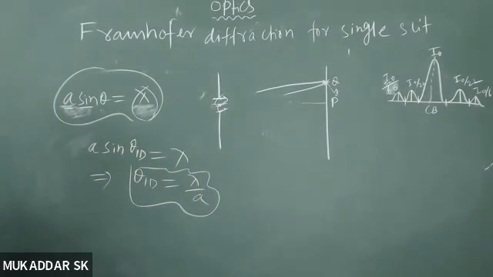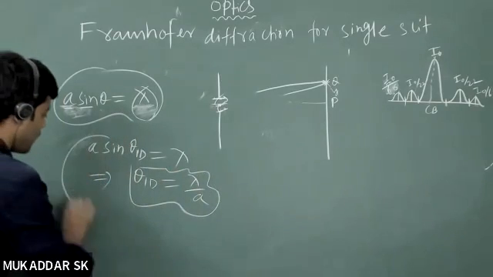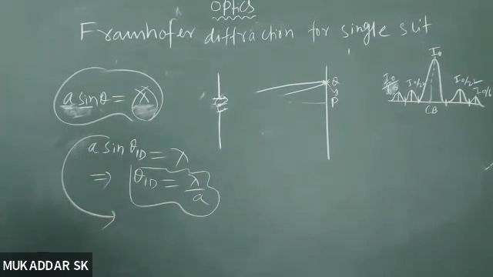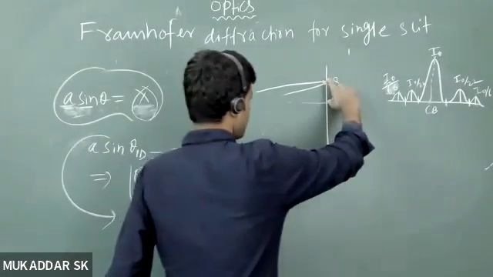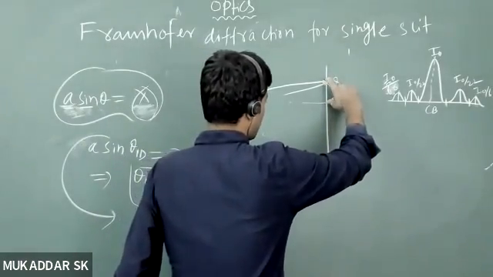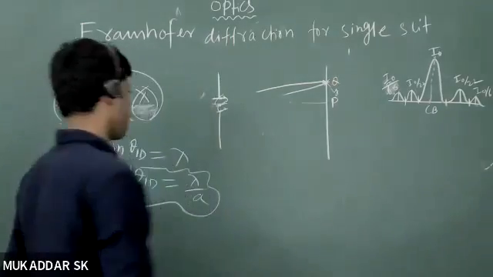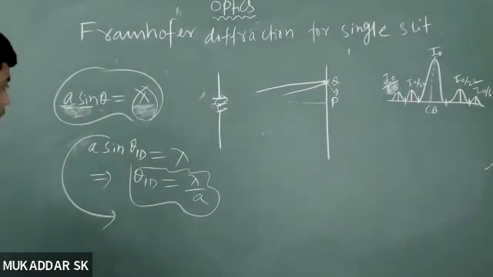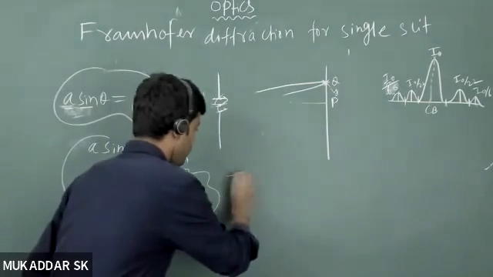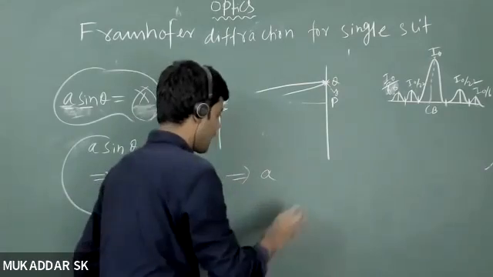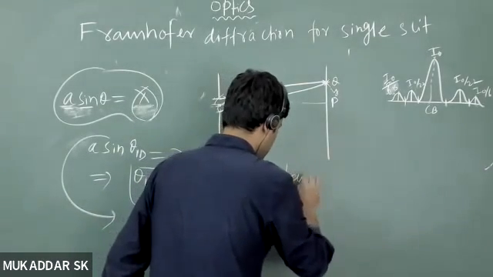You can also calculate the position of the first dark fringe in terms of y, which is the separation or position of the first dark fringe. For small theta, sin theta equals tan theta.